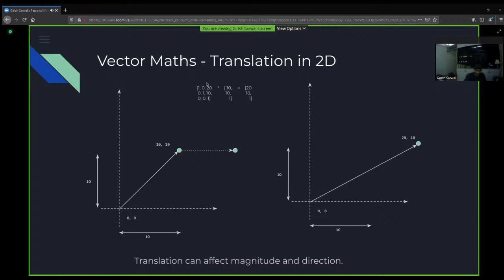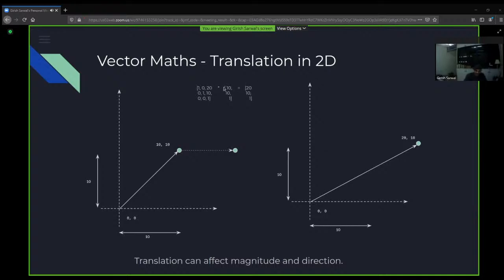We multiply this by a 3 cross 3 matrix, wherein the top two rows look like an identity matrix, and the third column is where we keep that extra data that we need to do the addition. When we carry out this multiplication using the laws of matrix multiplication, we end up with a vector that looks like 20, 10, 1.